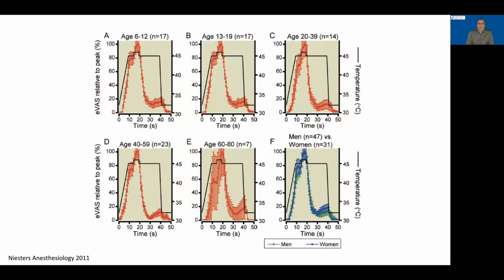Here I'll show you that this phenomenon of endogenous pain modulation is age independent. We performed a study, again in 2011, published it in Anesthesiology, in which we looked at age effects. And you can see that even at the young age of 6 years old, normal children are able to engage this concept.